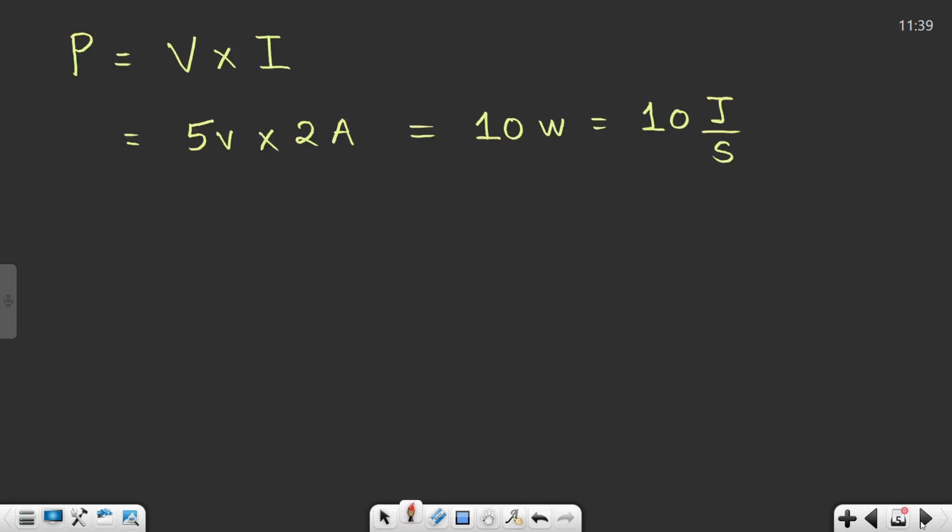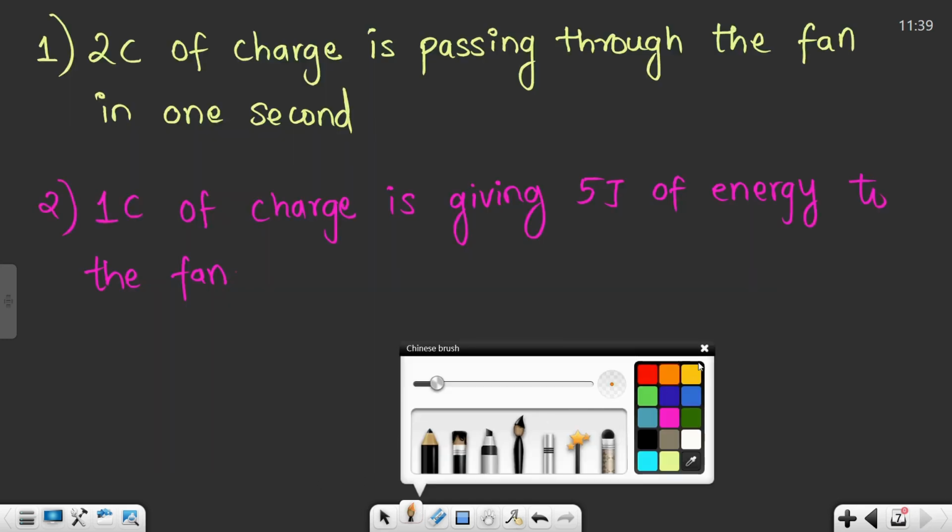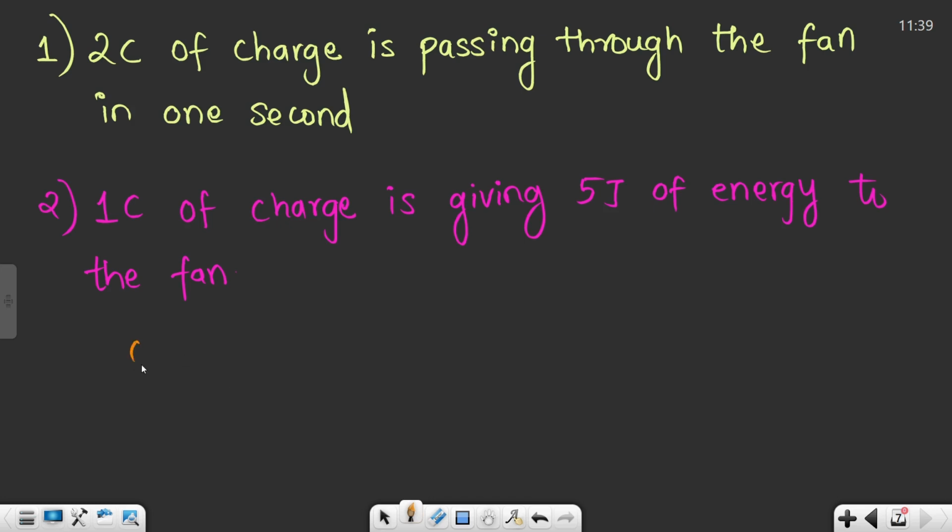Let me just write this particular point. Let's say at 0.5 second, 1 coulomb of charge approaches towards the fan, and they emit 5 joule of energy, or they lose 5 joule of energy.